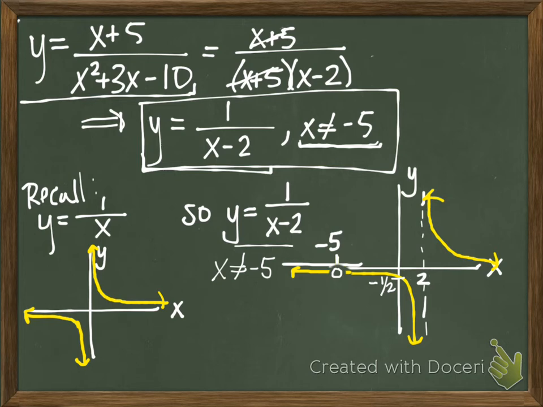So notice, if you come back to this function, if x was allowed to be negative 5, we plug in negative 5 to this, we're going to get y is equal to negative 1/7. So that means the y value, it's right about here, it's hard to see, that's in line with the hole, that's going to have a value of negative 1/7. Okay, I know that's really hard to see where I'm writing it, but just to give you an idea of the types of things you'd want to label.